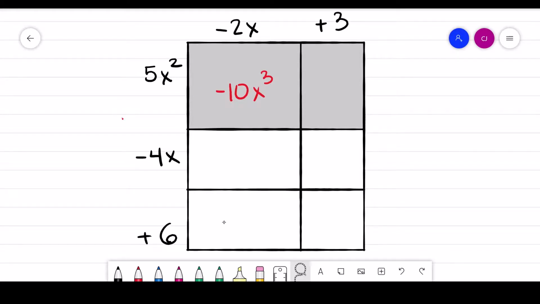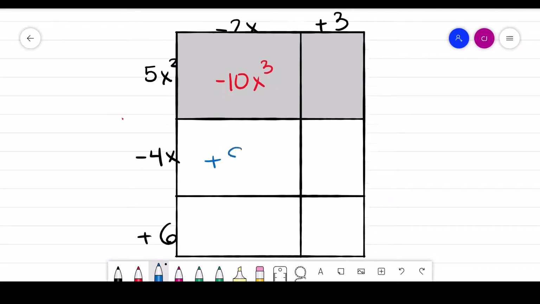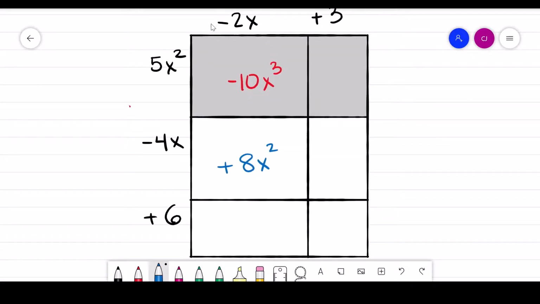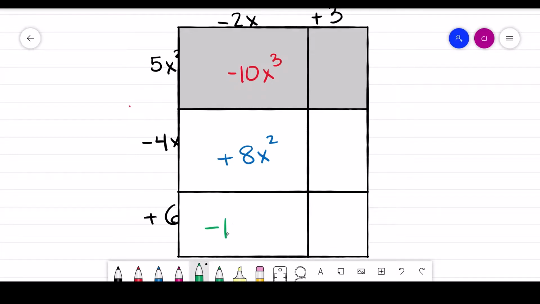That's going to give me positive 8x to the second power. After that, I'm going to multiply positive 6 times negative 2x. That is going to give me negative 12x.